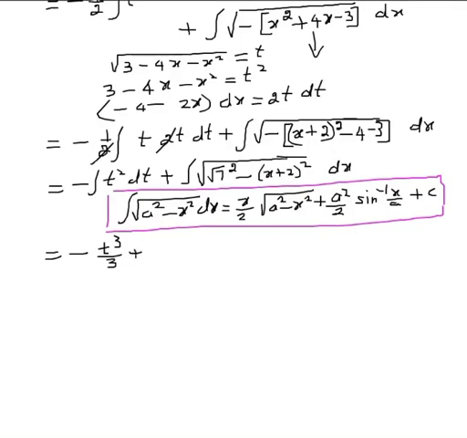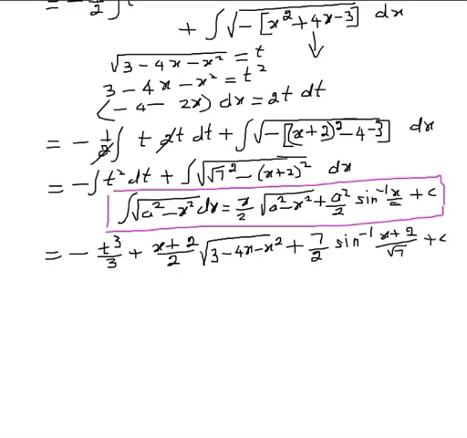Let us apply this formula. X here is x plus 2 divided by 2 root of a square minus x square. It is same as the given expression because we didn't remove the coefficient of x square out here, plus a square by 2. A square is 7 by 2 sine inverse of x is x plus 2 and a is root 7 plus c.